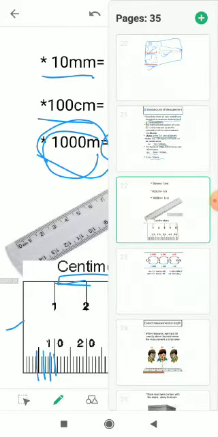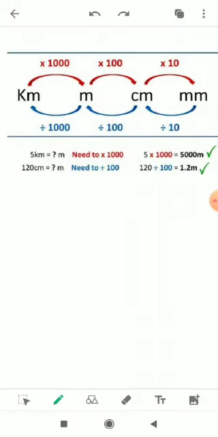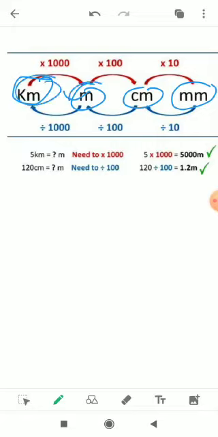So many questions can be asked on the basis of this to convert one unit into another. For example, we can be asked to convert kilometer into meter, or meter into centimeter, or centimeter into millimeter. If we want to convert a larger unit into a smaller unit, then we need to multiply.